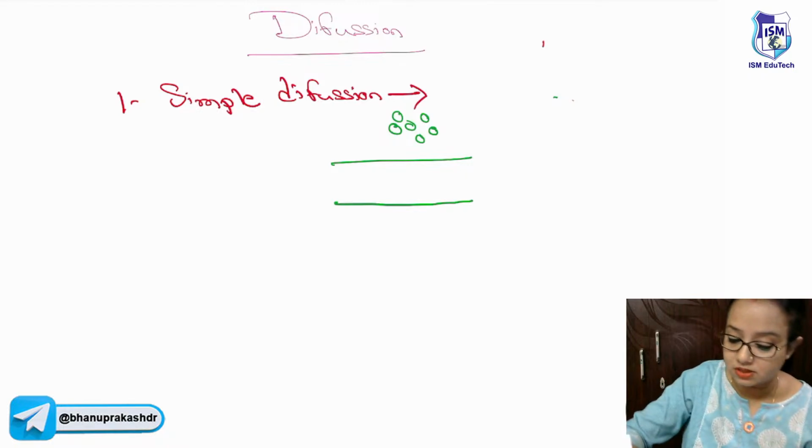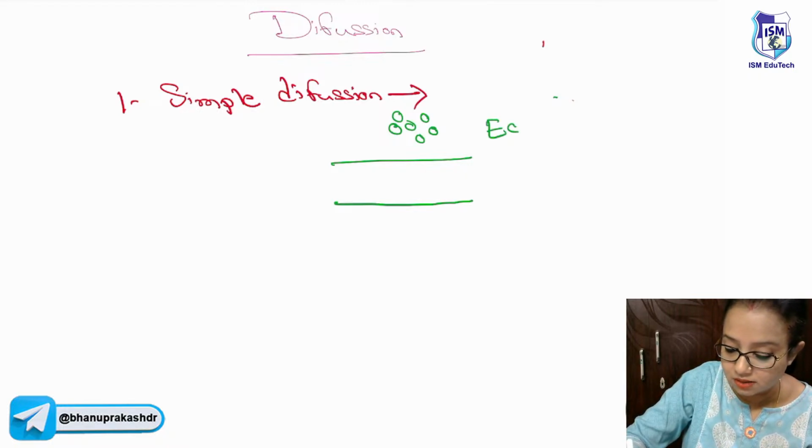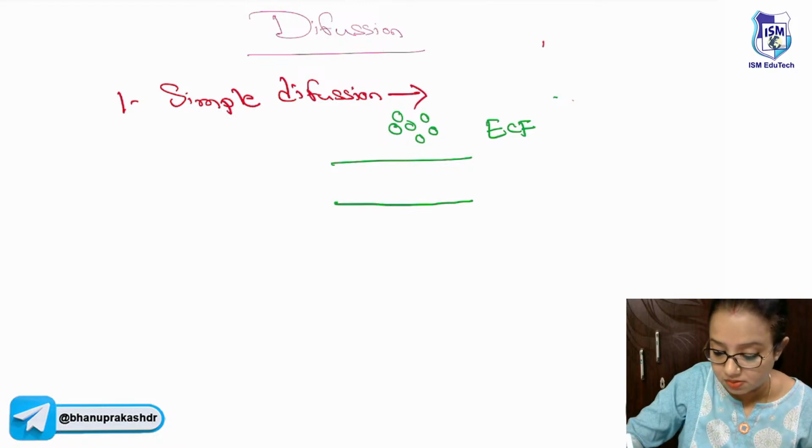On one side of the cell membrane, what do we have? We have the ECF, right? On the other side of the cell membrane, we have the ICF.